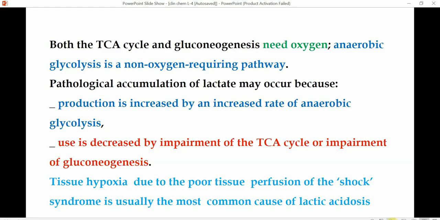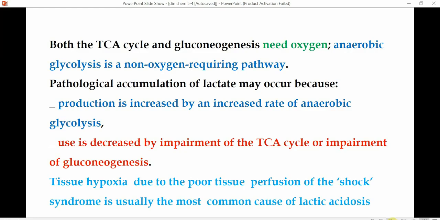In anaerobic conditions, only the pathways that are independent of oxygen would proceed, such as the glycolysis pathway, which ends, as you know, with the production of lactate or pyruvate.